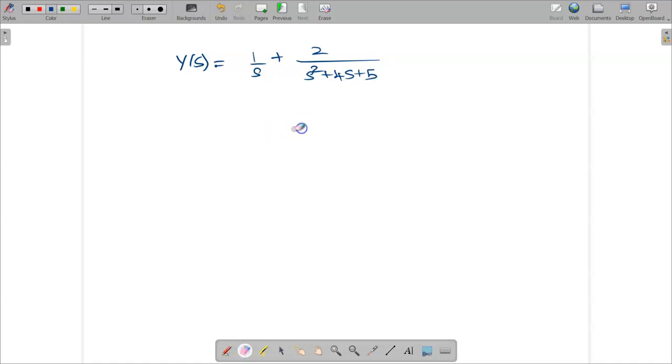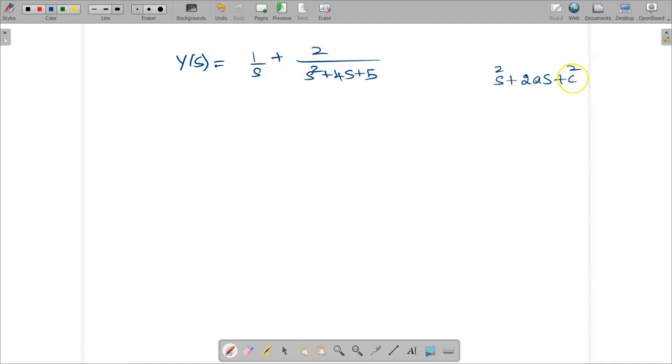And again, since the denominator is having complex roots, I cannot directly use this term and take inverse Laplace transformation. So I need to simplify the denominator term. For that, we can rewrite the denominator, whenever you have a term like s square plus 2as plus c.